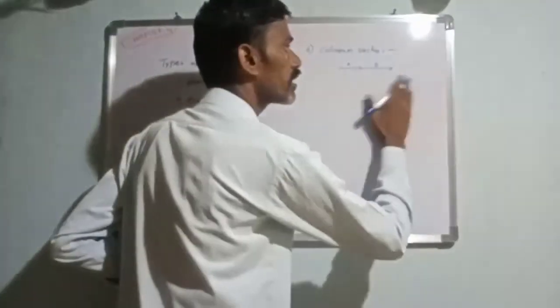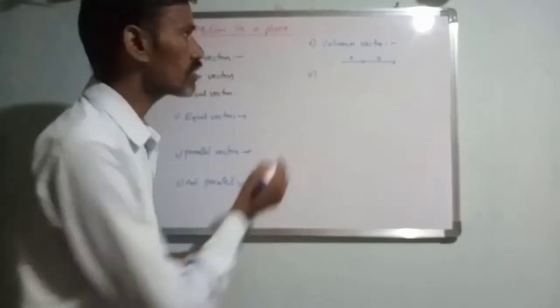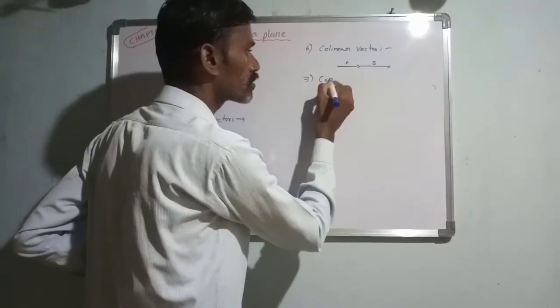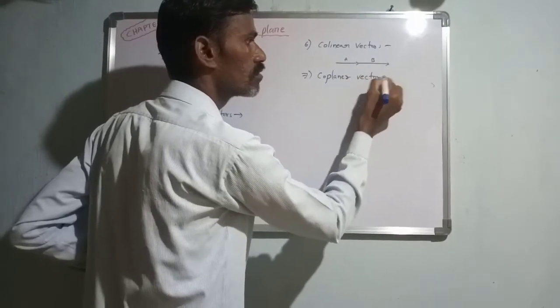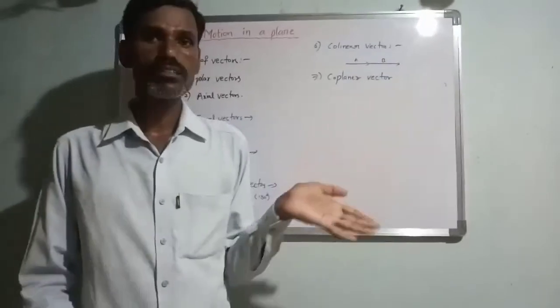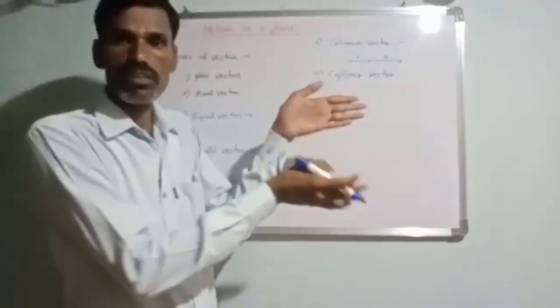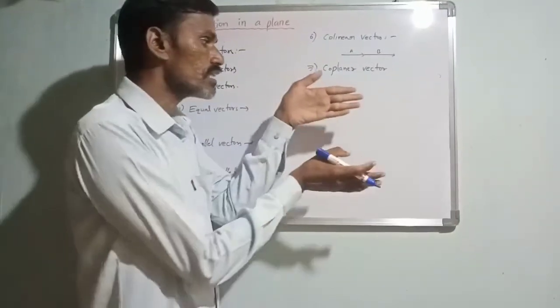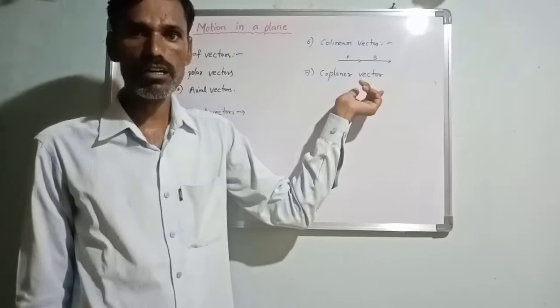Now the next type of vector is coplanar vectors. What is coplanar? If all the vectors lie in the same plane, then the vectors are said to be coplanar vectors.